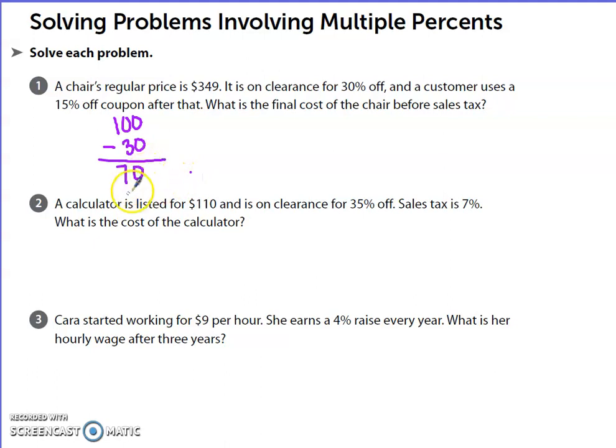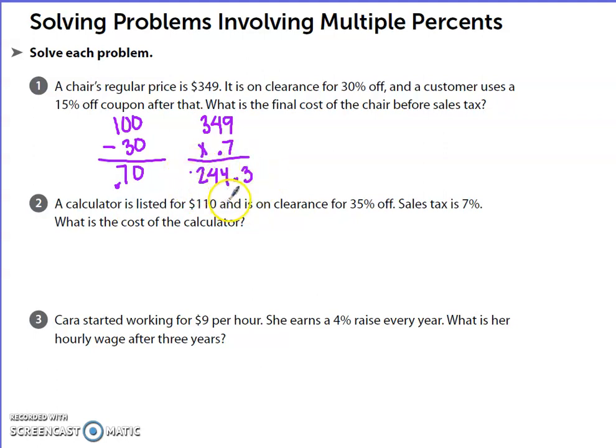I'm going to use D2P to change this percent to a decimal, and I'm going to multiply 349 times 0.7. Use a calculator there and you'll get $244.30. This is the cost of the chair after 30% off.